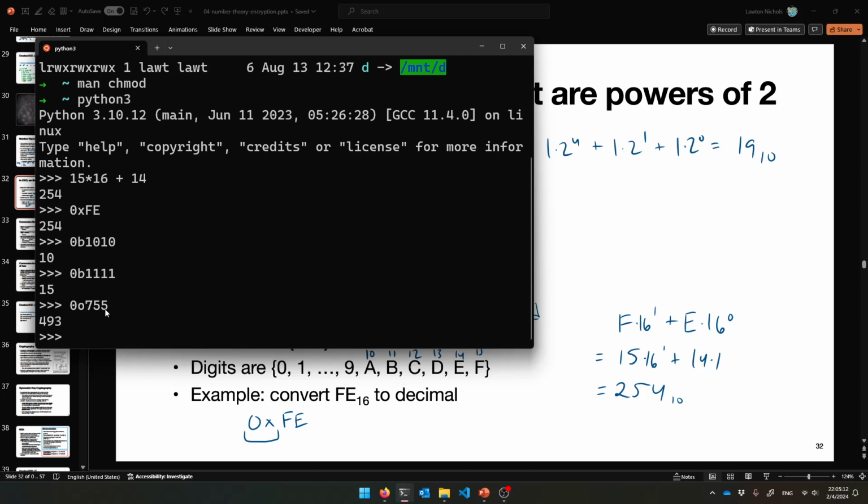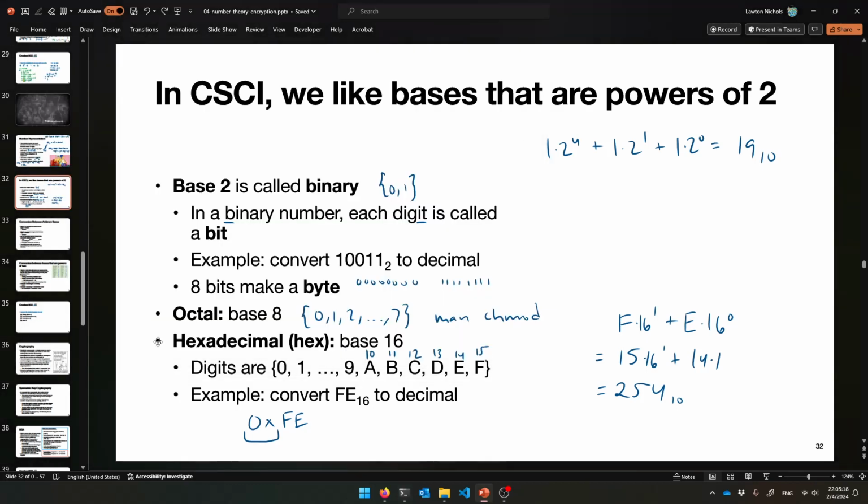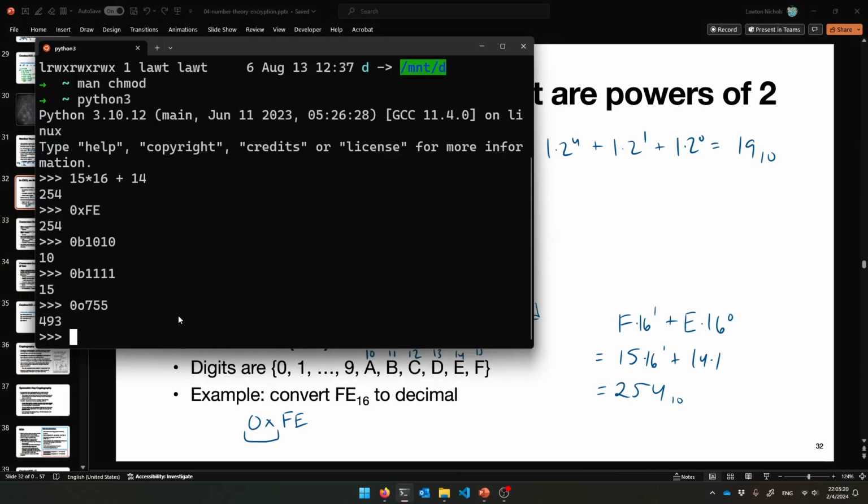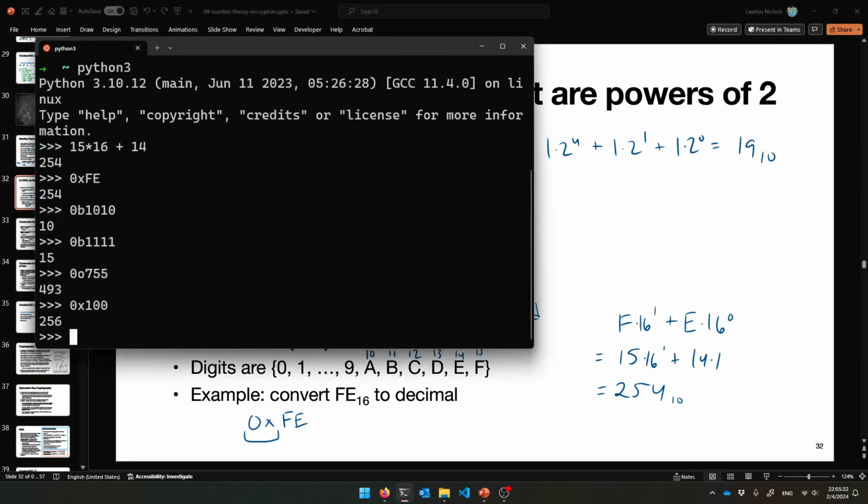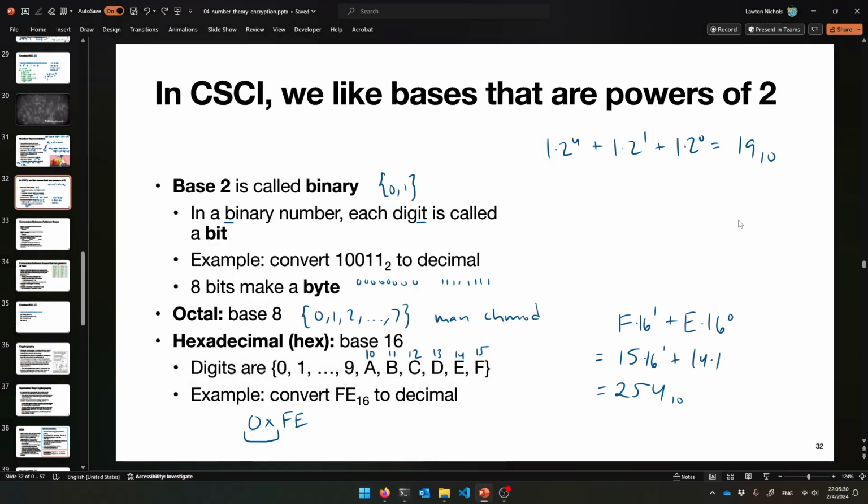Those are just little prefixes that mean, don't treat this as 1111, treat it as a binary number, right? Because you can run into trouble when you do hexadecimal. 100, you think that's the number 100, but no, in hexadecimal, it's the number 256. So we use those prefixes a lot of the time.